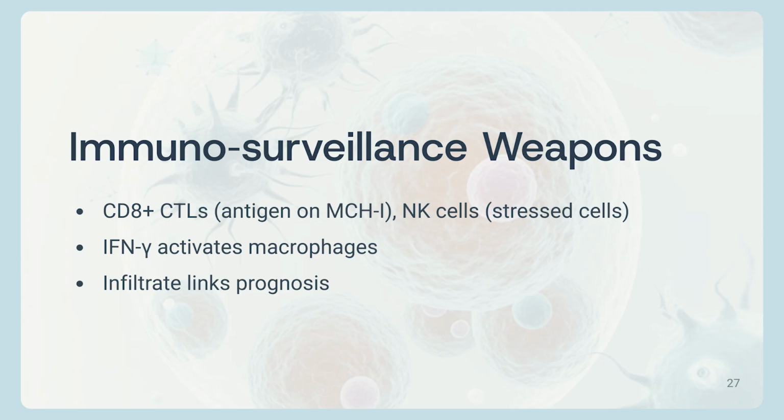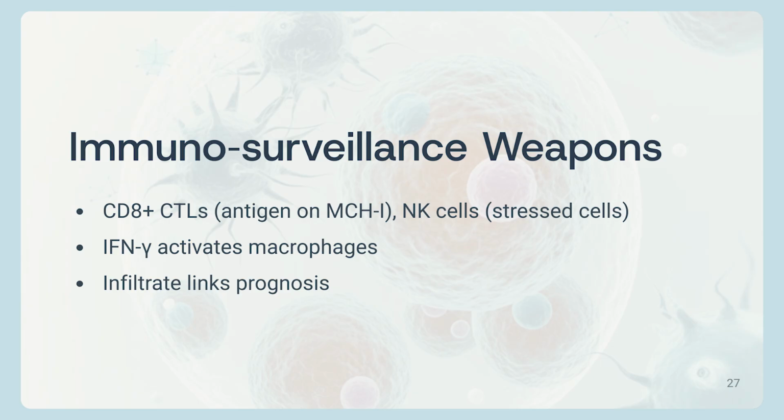Your key weapons here are cytotoxic T lymphocytes, your CD8 positive T cells, and also your natural killer cells or NK cells. CD8 positive T cells directly attack and kill cancer cells when they detect tumor antigens presented on MHC class 1 molecules. NK cells, on the other hand, identify stressed or abnormal cells, even those that manage to hide their antigens.